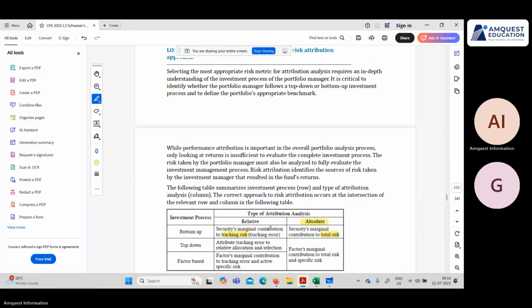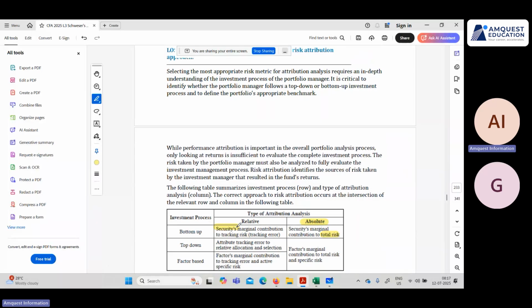Now it says bottom up. The name itself explains it: if you are doing bottom up, then you are looking at the security level, the stock. If it is top down, maybe you talk about different geographies, then different sectors or whatnot.